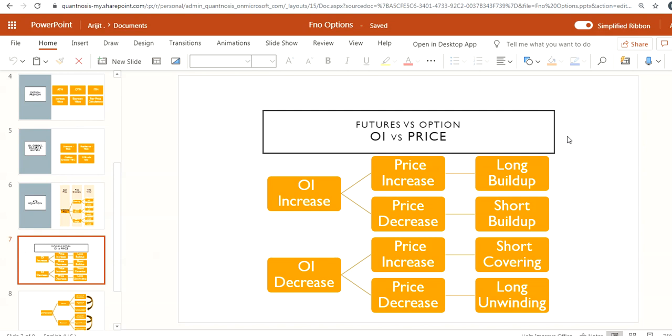Options can have call options and put options, which means an increase in open interest can lead to a different meaning, and a decrease in open interest will lead to a different meaning, based on whether the open interest is for call or for put.